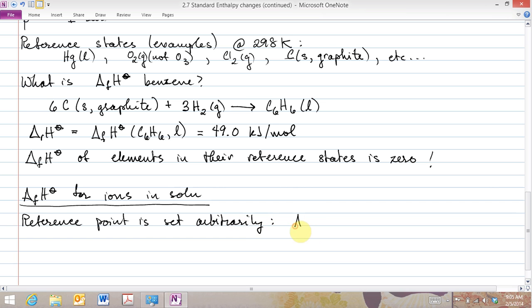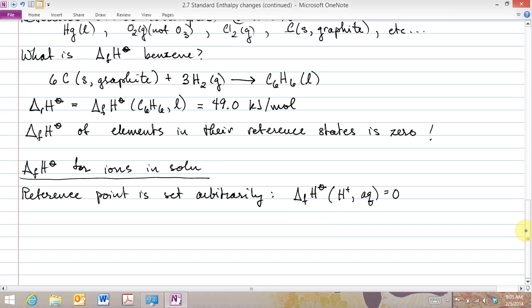It's set by just assuming that the standard enthalpy of formation of the hydrogen ion in solution is equal to 0. And all of the other enthalpies of formation for all the other ions are based on this reference point. So let's say we want to know what the enthalpy of formation is for the silver ion.